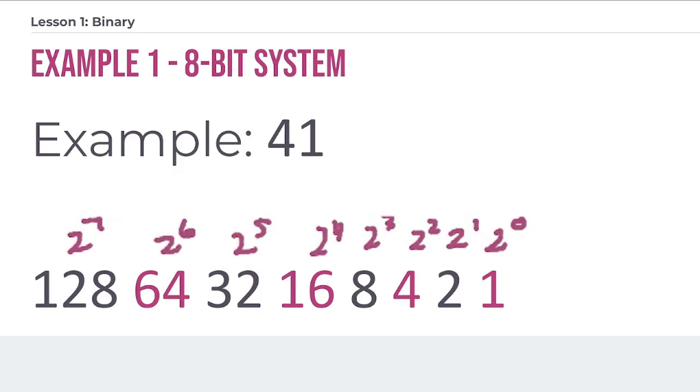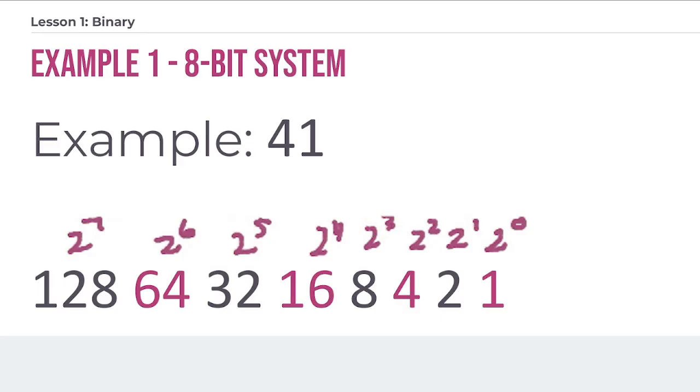So I've still got to show 9. I'm only showing 32 right now. So how many groups of 16 can I make from 9? None. How many groups of 8 can I make from 9? 1. Right? Okay, so now I've gone from 9, I've taken out a group of 8, and I'm left with 1.